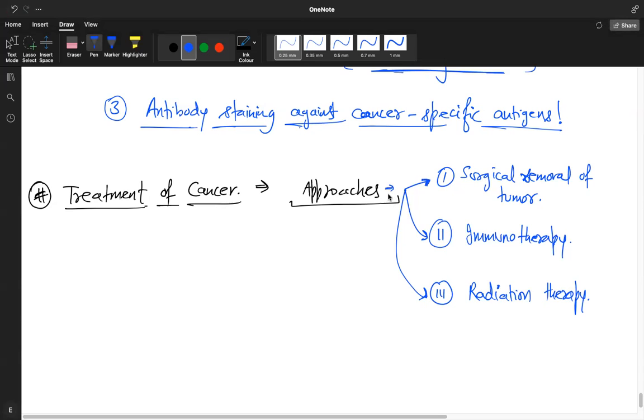So did you understand it? So cancer cells require a lot of energy. So one of the reasons that if you want to kill these cells, you have to deprive them of energy.